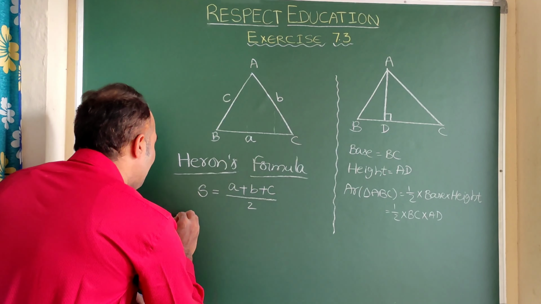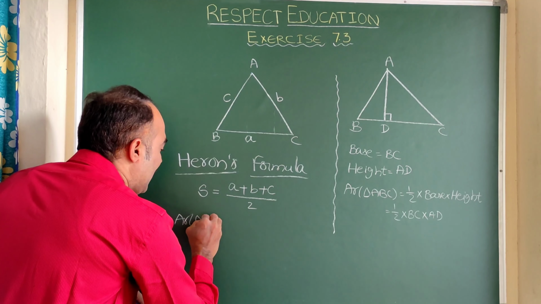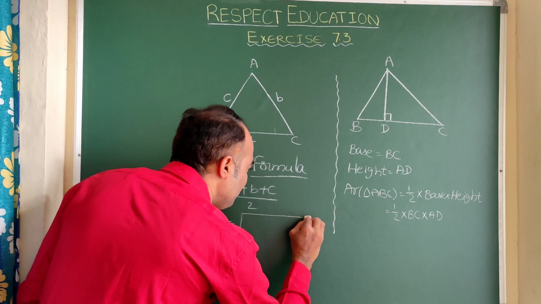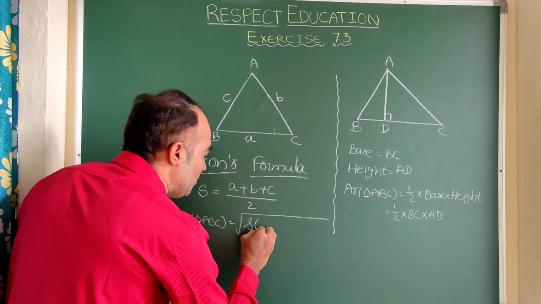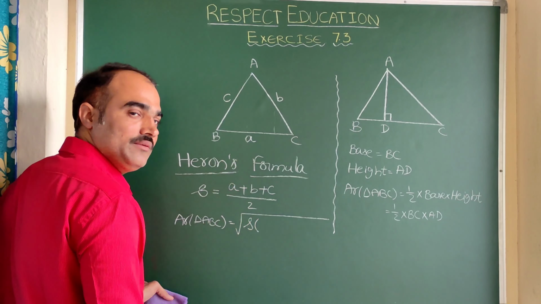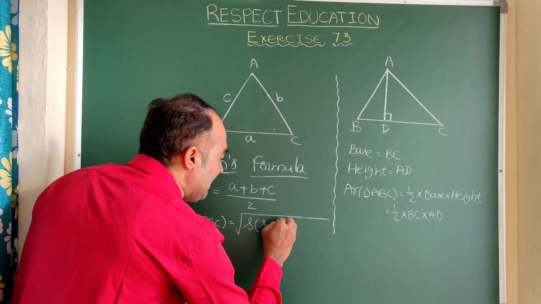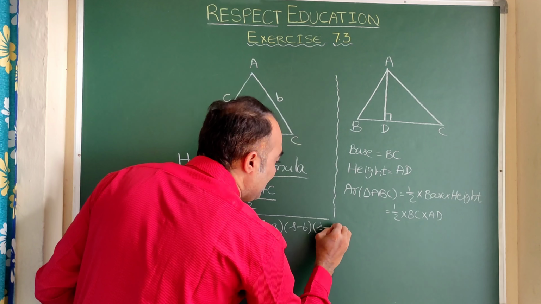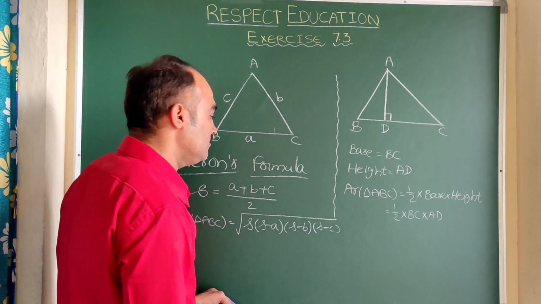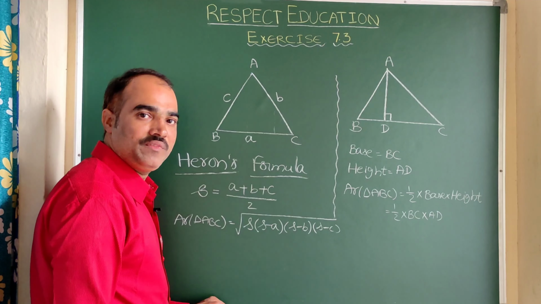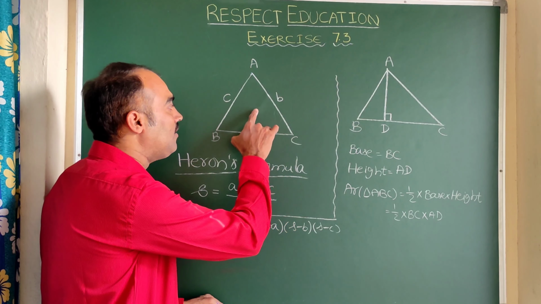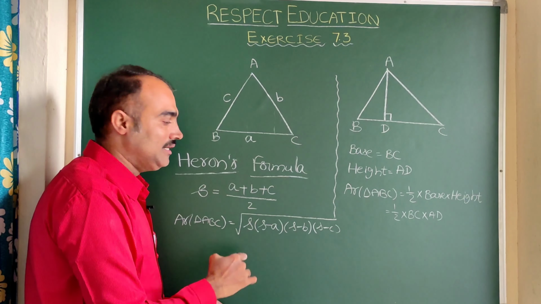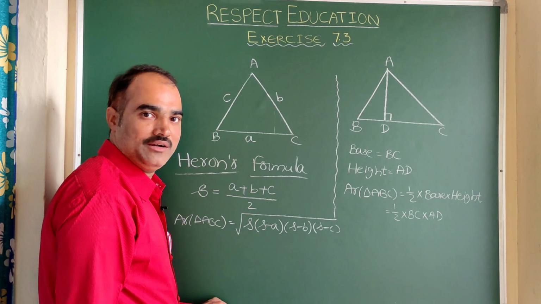See here, now I am writing the formula: area of triangle ABC is nothing but under root s into (s minus a) into (s minus b) into (s minus c), where s is the semi-perimeter. Using this formula, we can find the area of a triangle whose sides are given. This is called Heron's formula.